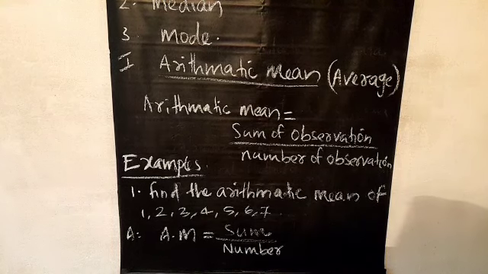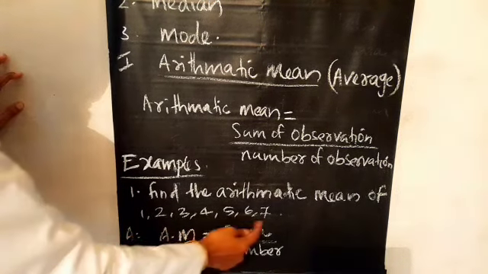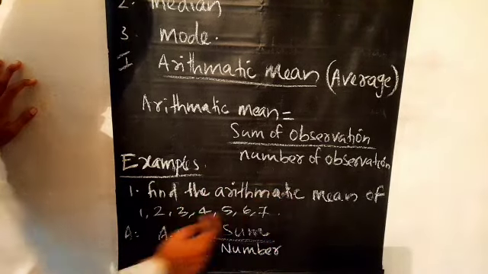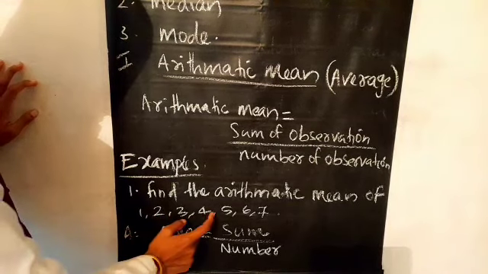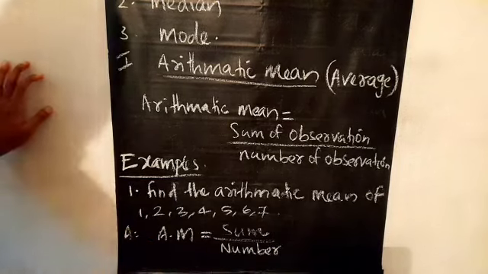Students, first example: find the arithmetic mean of 1, 2, 3, 4, 5, 6, 7. These are natural numbers, and we have to find their arithmetic mean. How can we find the answer?